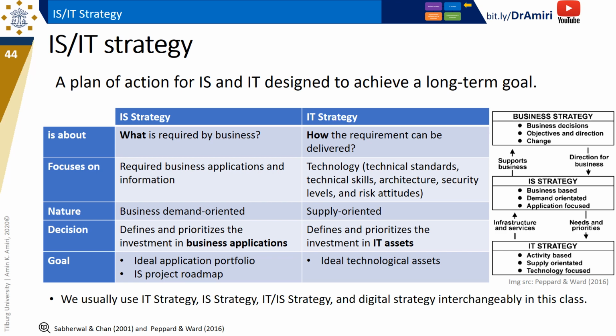On the other hand, IT strategy is about delivering those requirements stated in IS strategy. So the focus is on creating technical standards for those deliverables, those business applications, or the infrastructure required for those business applications, the technical skills that is required for that to happen, the architecture of business application, its security, and so on and so forth.